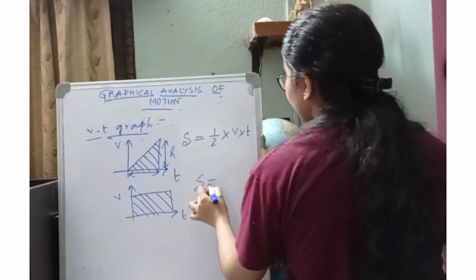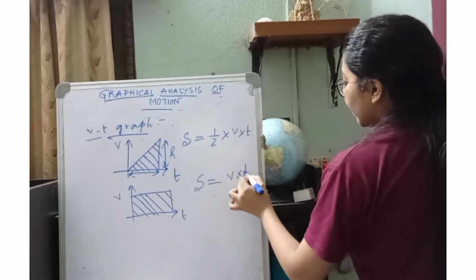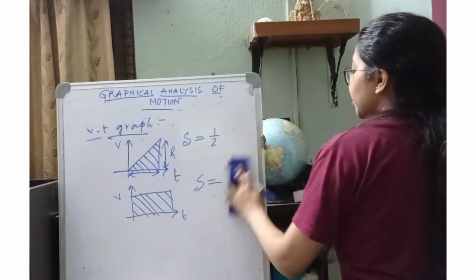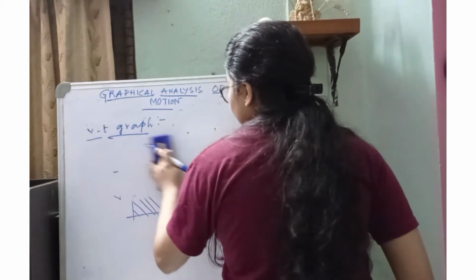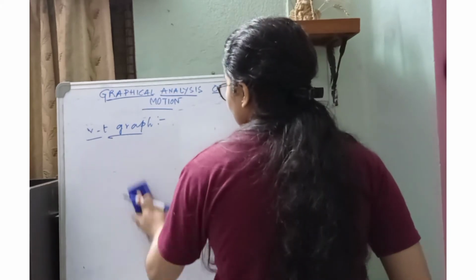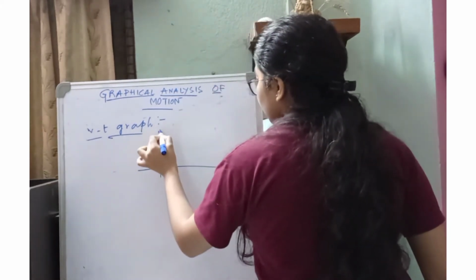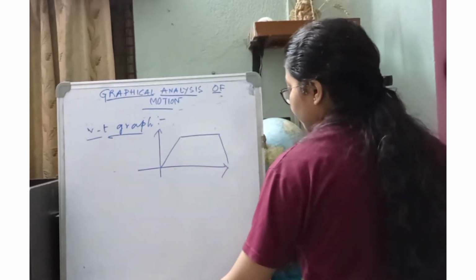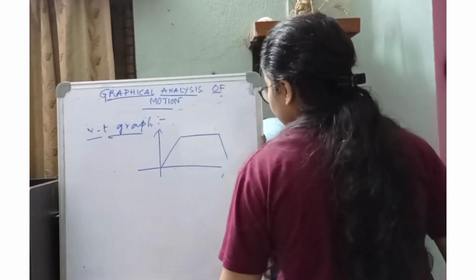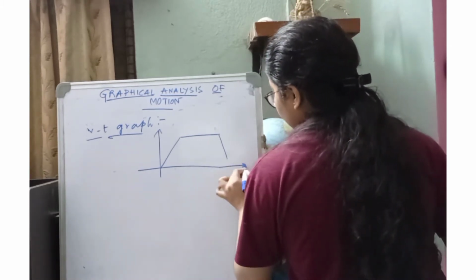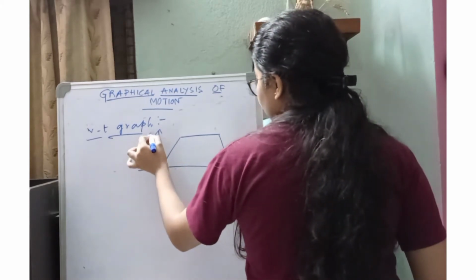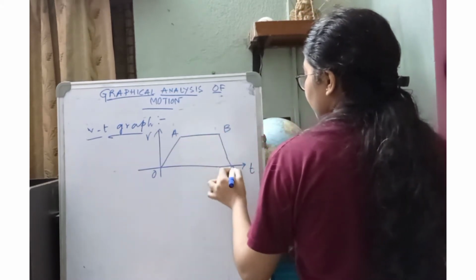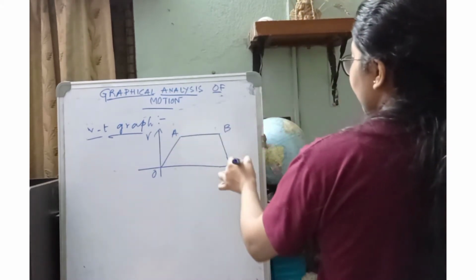So the area, which is the distance, will be nothing but the area of the rectangle, which is V into T. But now if the graph is actually given in this form, like a trapezium, I am just naming the vertices.